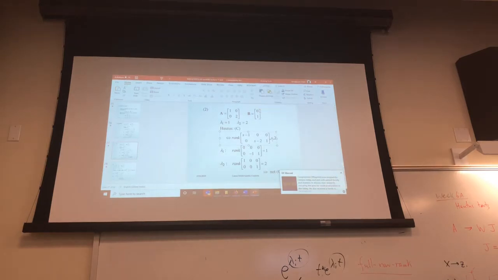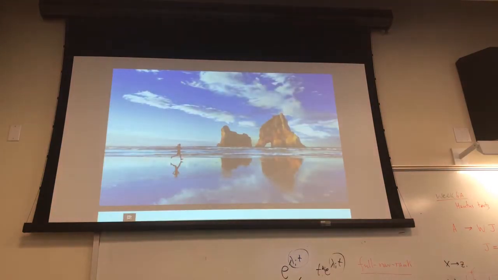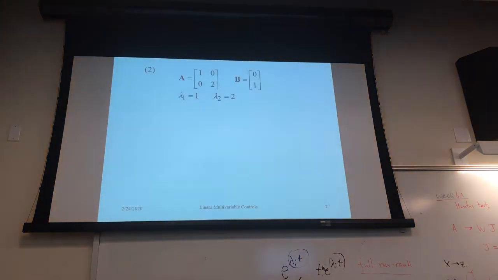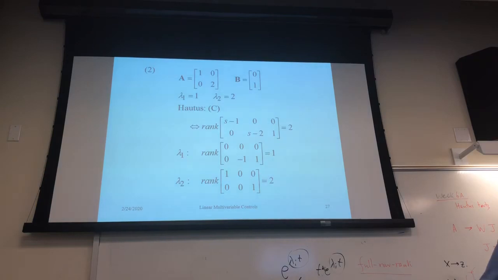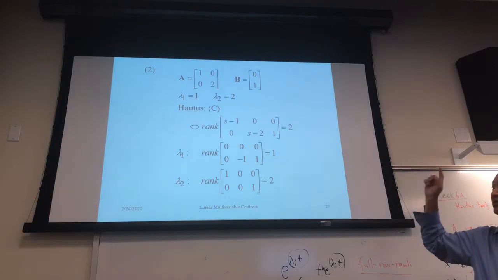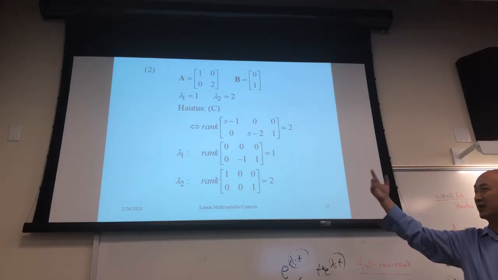They don't allow me to edit. Okay. So I hope you understand Hautus argument using the rank deficiency to check uncontrollability is actually much easier if you put all the lambda in there.